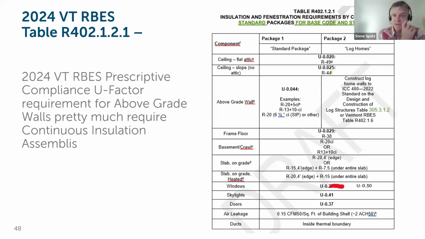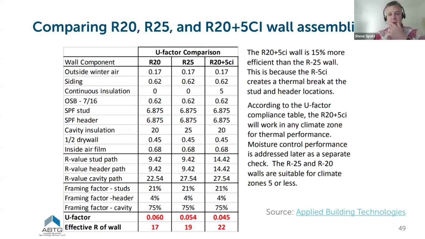U-factor takes into account the characteristics of each of the components and each of the layers in an assembly. And so a U-factor is the minimum requirement that needs to be met for any framed assembly. So ceilings, enclosed sloped ceilings, above grade walls, framed floors, etc., are all being evaluated for code compliance based on the assembly itself, not just the cavity.